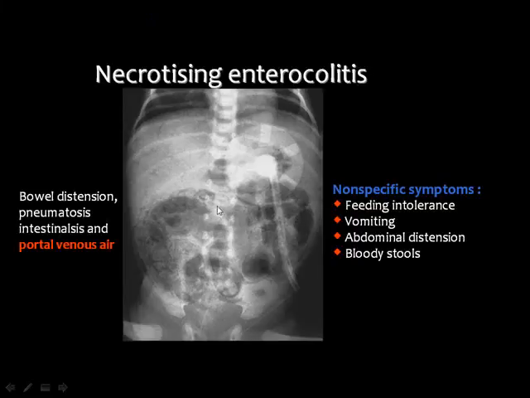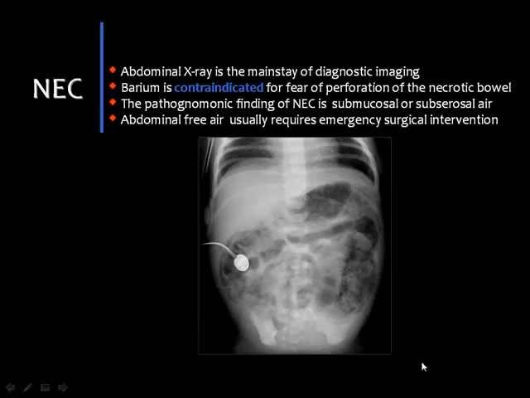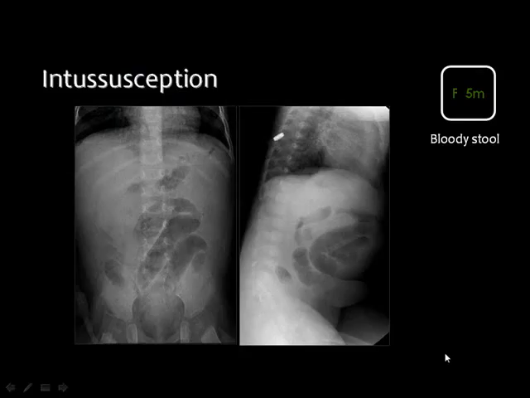And in many patients, you can also identify air in the portal venous system, which is an association of this disease. Then barium is actually contraindicated whenever you are suspecting necrotizing enterocolitis because of the fear of perforation. And the plain film is usually sufficient for reaching this diagnosis.